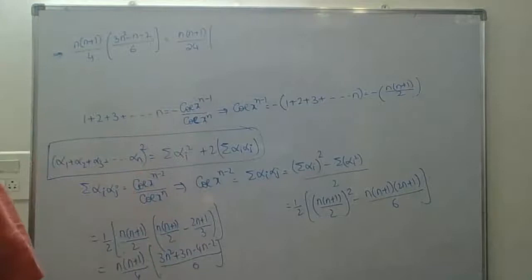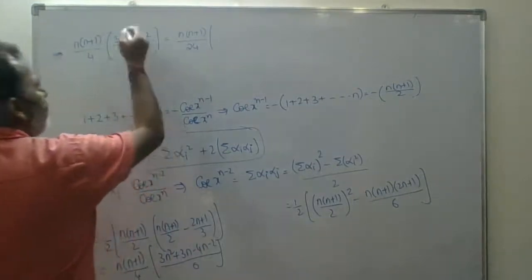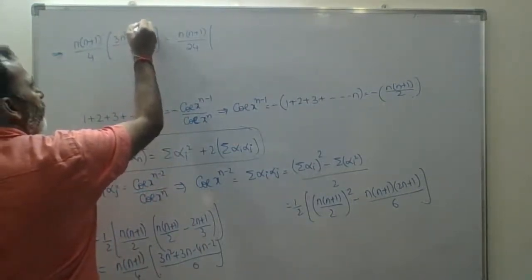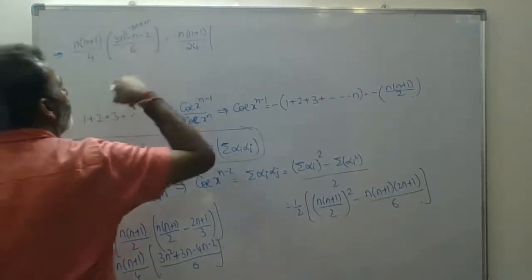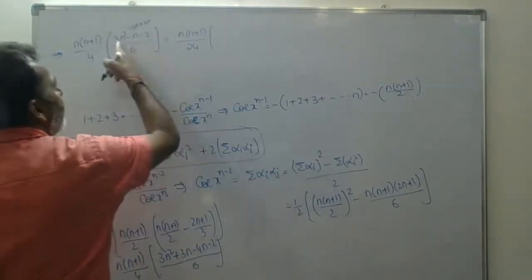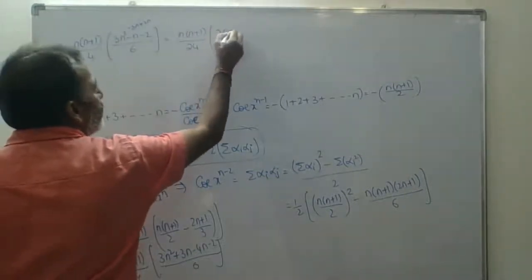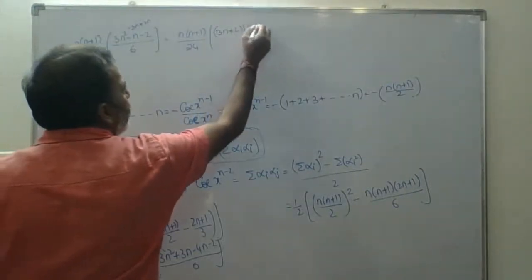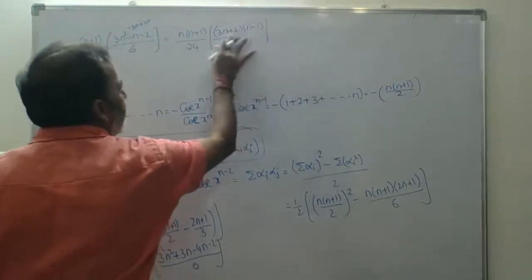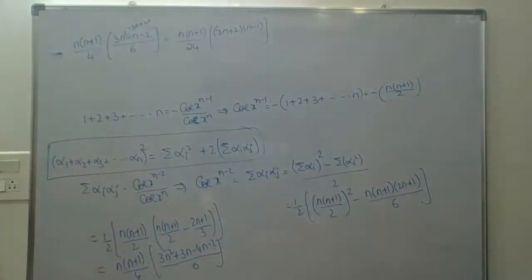Factorizing, minus n means minus 3n plus 2n. Right, minus 3n plus 2n. So then taking 3n common, we get 3n plus 2 into n minus 1. Look, there is no by. Okay, that is the coefficient of x power n minus 2.